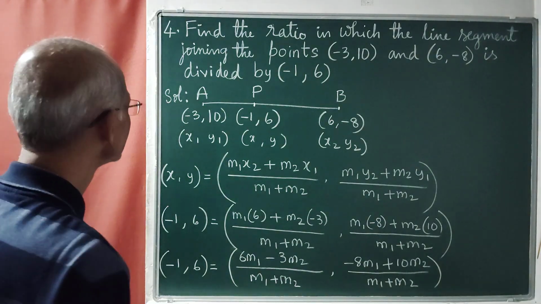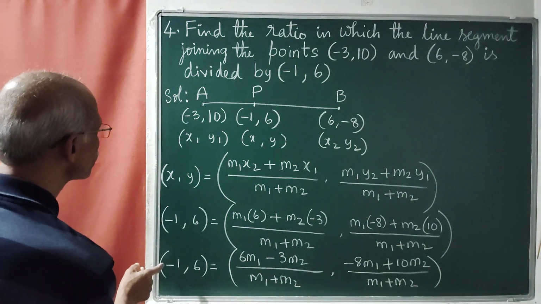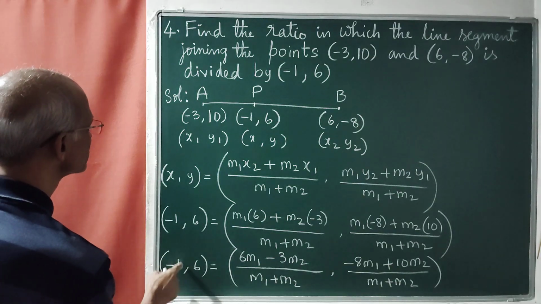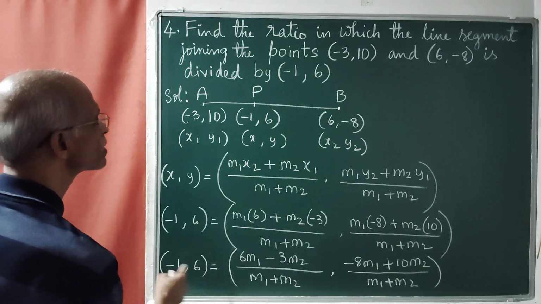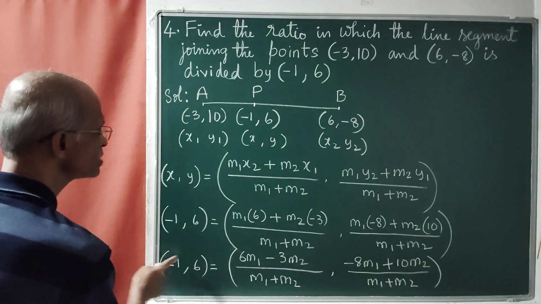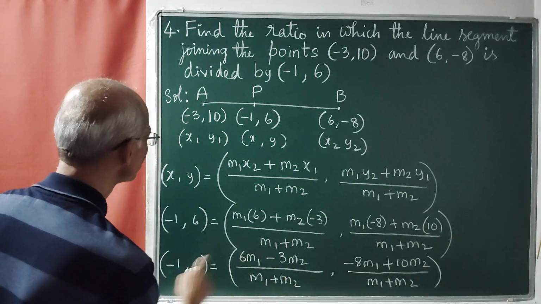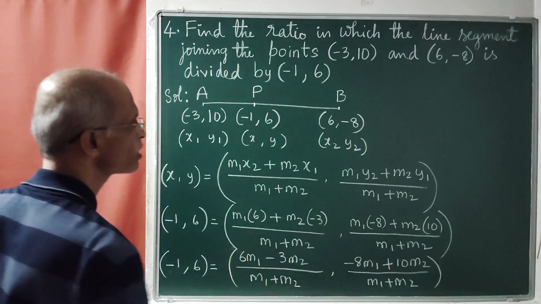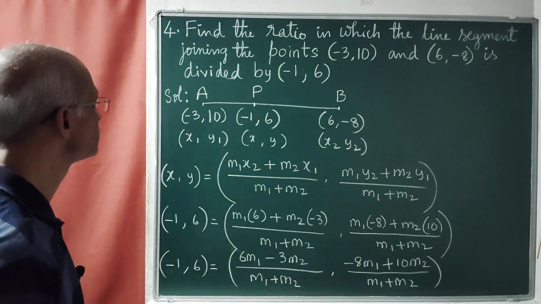To find the ratio, if we equate, we'll take only one coordinate. This x coordinate will be equal to this. Minus 1 is equal to this part. We will take only this part for finding the ratio.